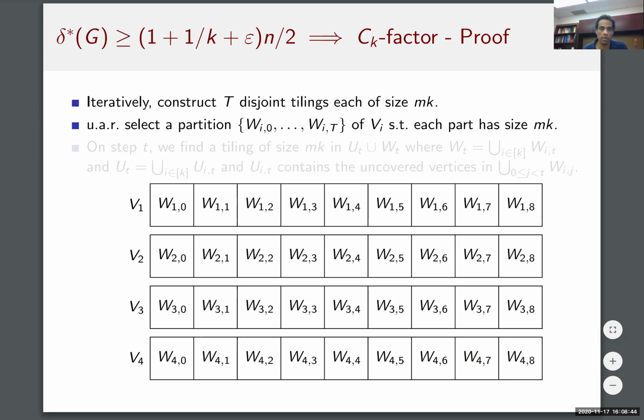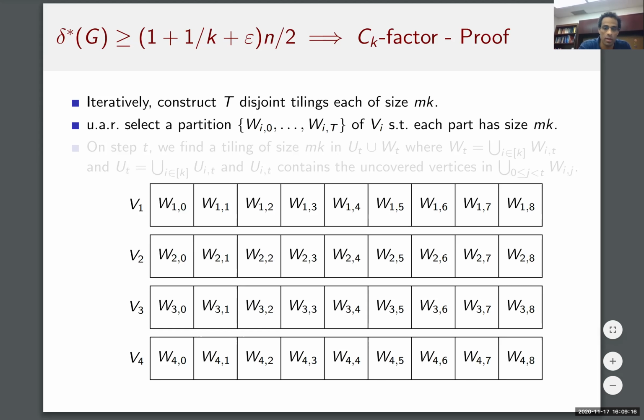And with high probability, what will hold? The only thing we really care about is that every vertex is going to see the right proportion of its neighbors inside each part. And this will hold. So for example, take any vertex in V2, and then look at some part in V1, maybe W12.